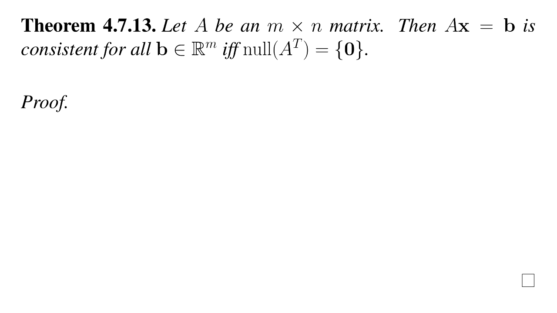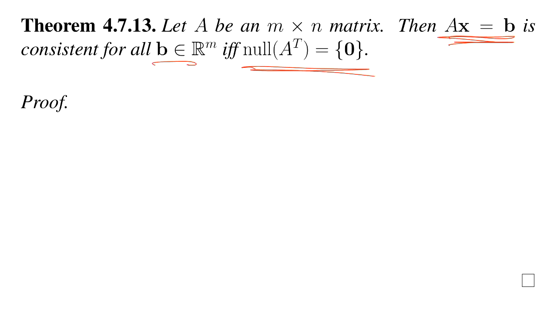The point of the co-kernel is that your equation, Ax equals b, is consistent for all right-hand sides if and only if the co-kernel is just a single point 0. Right? So what this is trying to get at is that the size of the co-kernel is telling you how non-surjective your transformation is. It's sort of telling you how many things in the codomain aren't images.